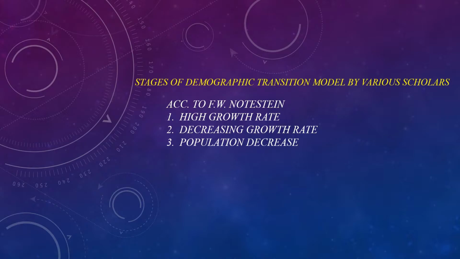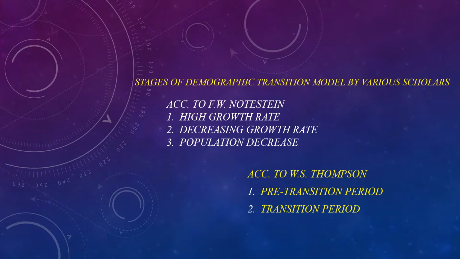So F.W. Notestein divides this demographic transition model into three different stages. According to W.S. Thomson, first one is the pre-transition period, second one is the transition period, third one is the post-transition period.